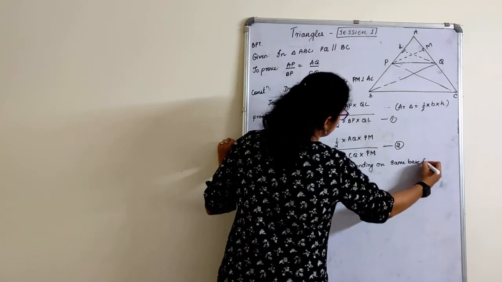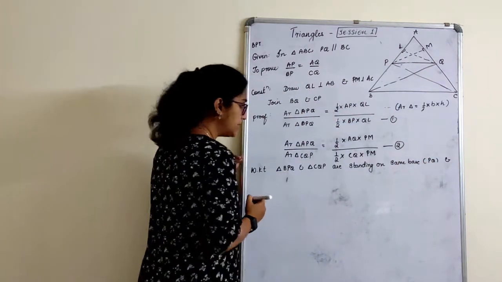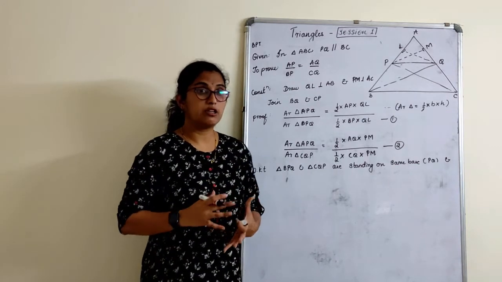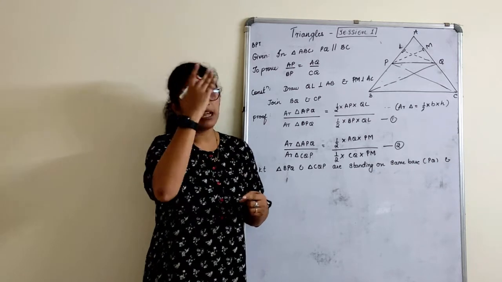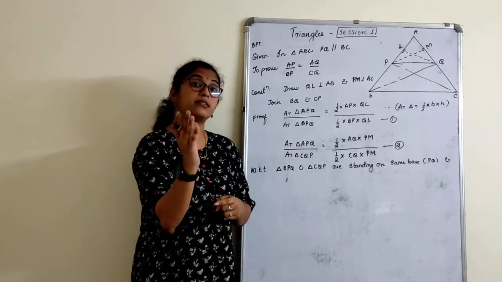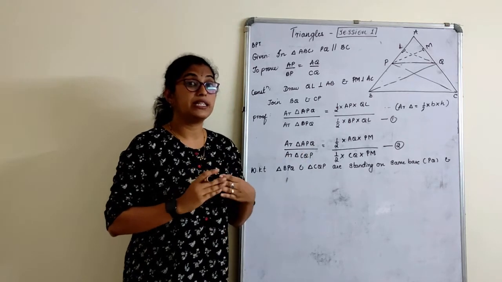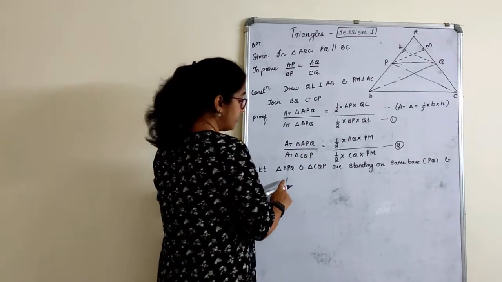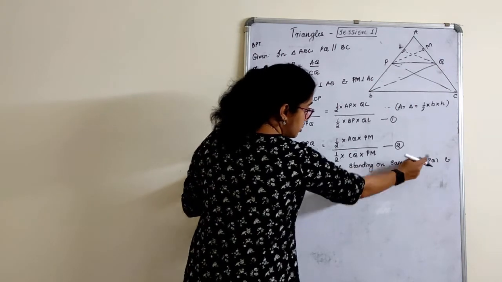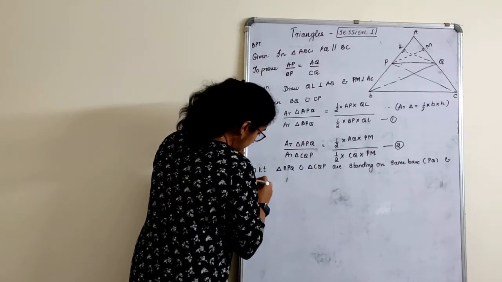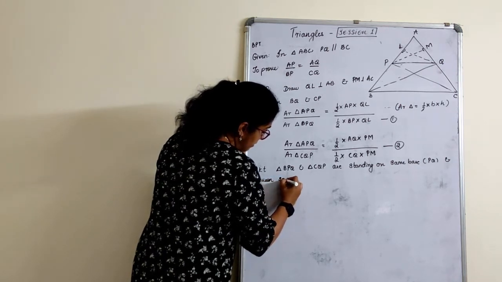What is the base? PQ. And remember this theorem: parallelograms standing on the same base and between the same parallels are equal in area. A parallelogram and a triangle standing on the same base, it is again half of that. Triangles standing on the same base and between the same parallels are again equal in area. Triangles BPQ and CQP are standing on the same base PQ and between the same parallels.